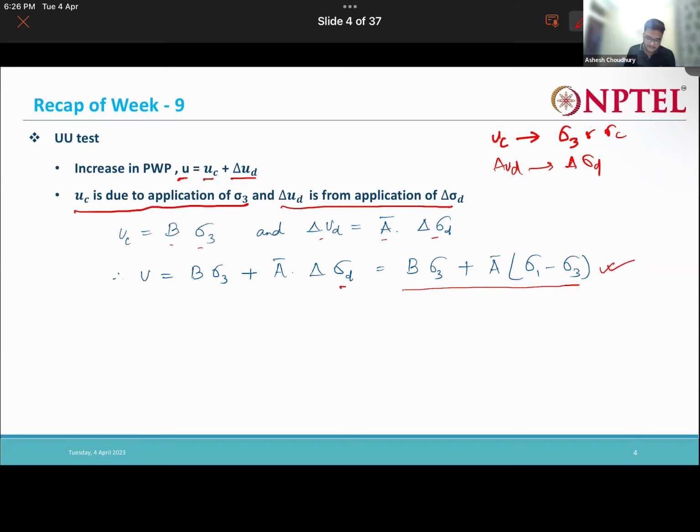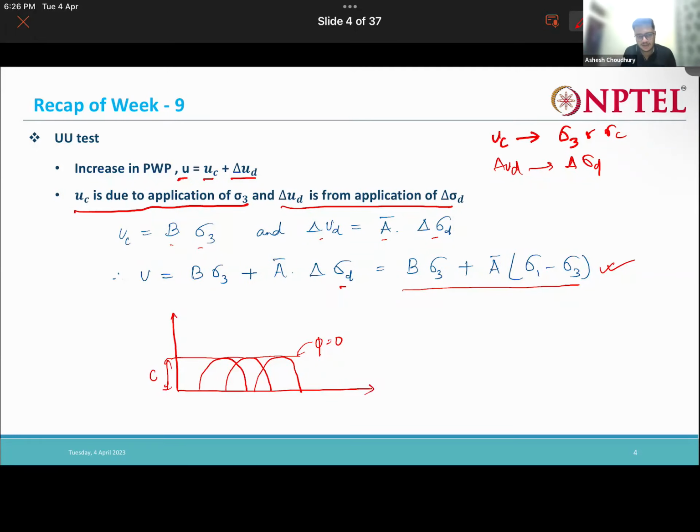And in the UU test, if you remember, you are getting circles of the same diameter, right? You're getting an envelope like this. Why are we getting it like this?